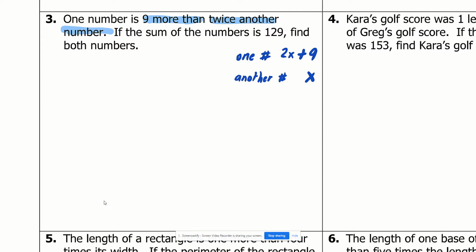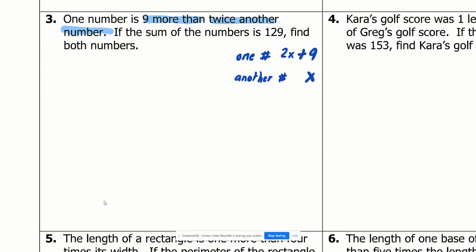So look, we have defined our two numbers. One number was compared to another number is x. One number was defined as 9 more than, plus 9, twice the other number, x. 2x plus 9. Now, we can solve the problem. How? What does it tell me about this problem?